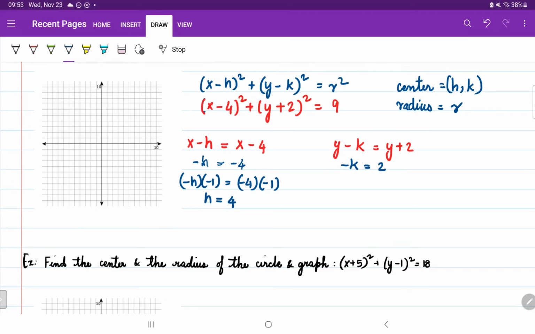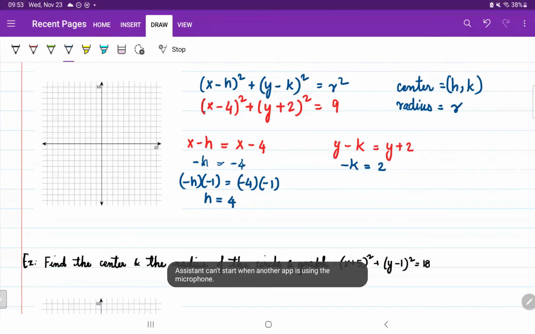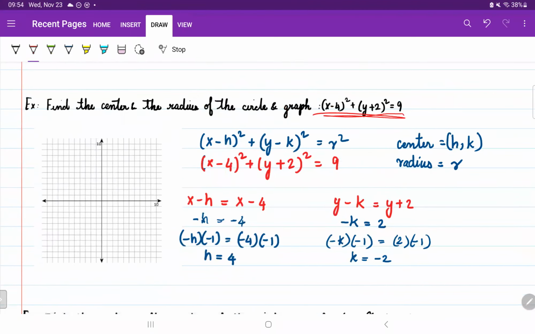You multiply by minus 1 on both sides. Then you have minus k times minus 1 equals 2 times minus 1, which is k equals negative 2. So our center of this equation here is 4 comma minus 2.